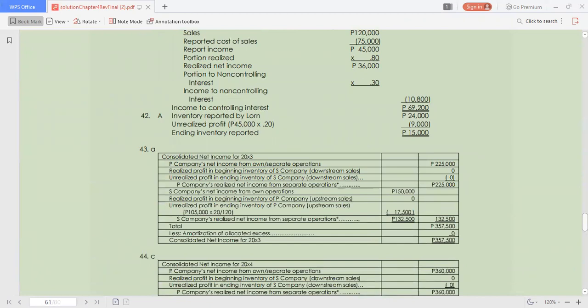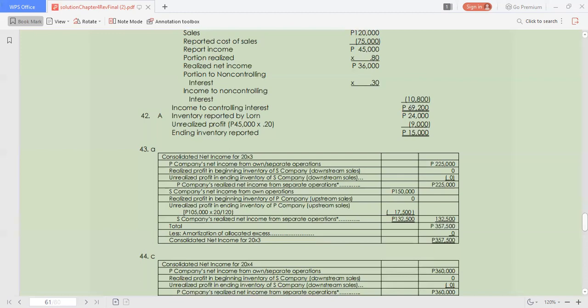So for 20x3, we now begin with P company's net income given at 225,000. That's the net income of P company for 20x3. Then we have the realized profit in beginning inventory of S company. Actually, no deferrals will be recorded by P company, the fact that sub company is the seller and P company is just a buyer. So meaning to say we have an upstream sale.